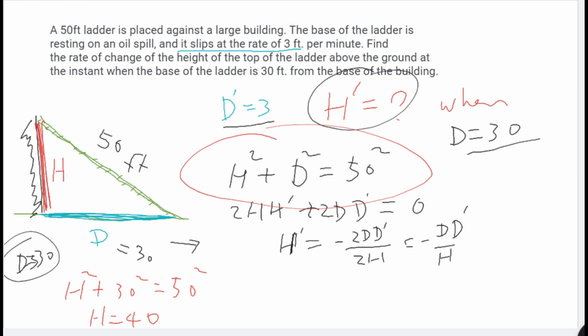So we find out when D is 30, H is 40. Of course, D prime is how fast the bottom of the ladder slips, which is 3. So this is going to give us 9 over 4.